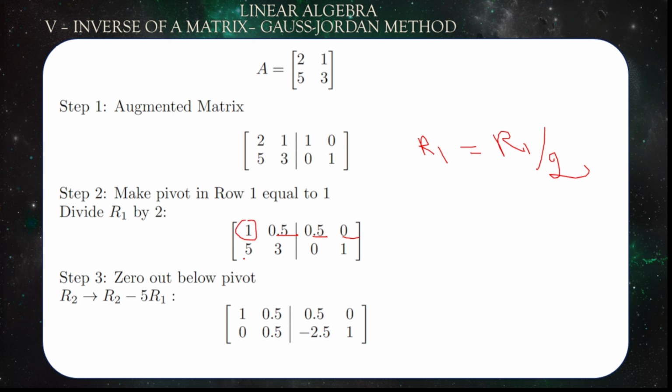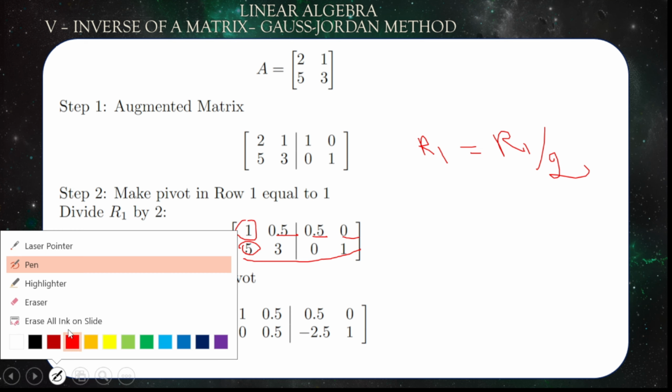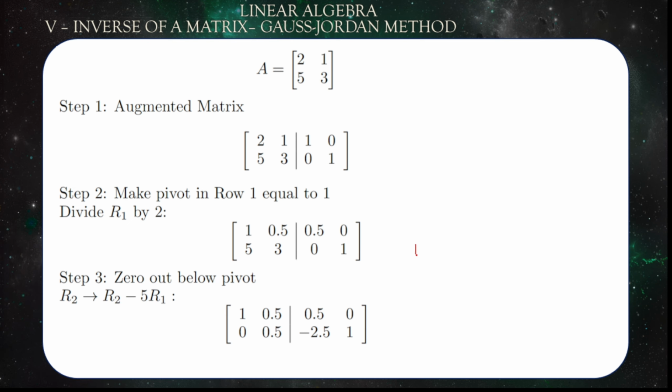As for the second row, we need to get it to become 1. At first, for this value, the 5, to become 0, correct? That's the first thing. So how do we get there? We evaluate this operation: R2 equals R2.